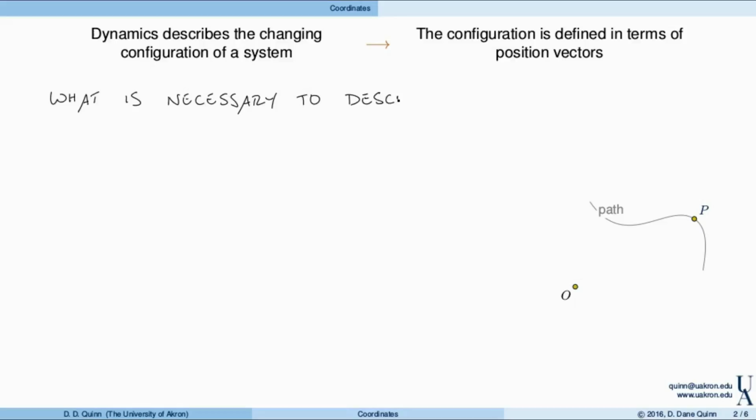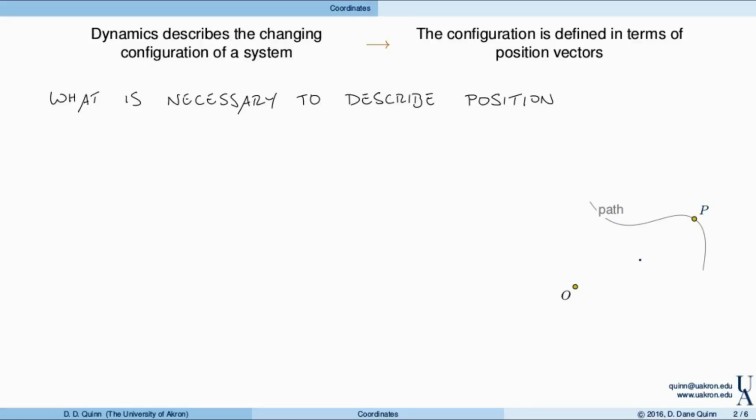Here in the figure, I have 2 points. I have a point O and a point P. We'll let O be the reference point, and we are interested in the position of the point P. Now P can move along this path as indicated by this curve.